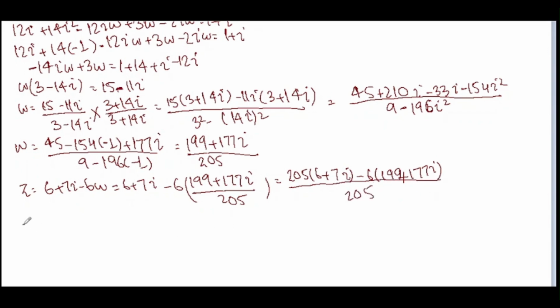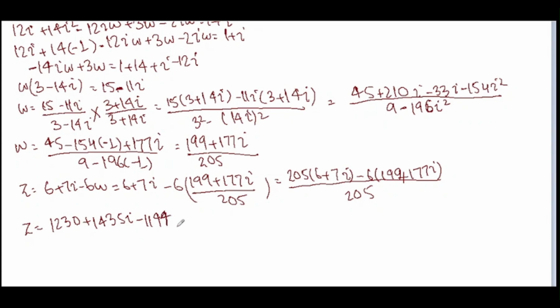Now z equals 205 into 6, we get 1230 plus 205 into 7 is 1435 iota, because 7 is containing an iota with it, and minus 6 into 199 we get minus 1194.